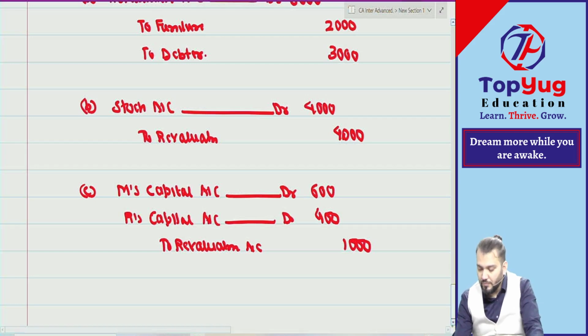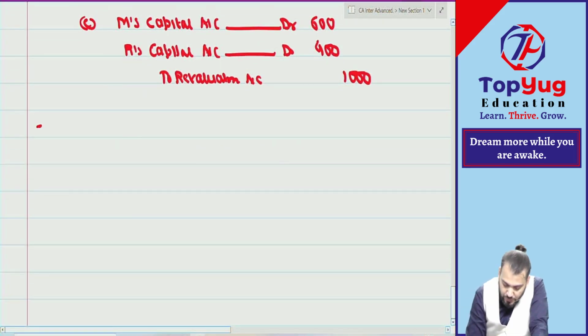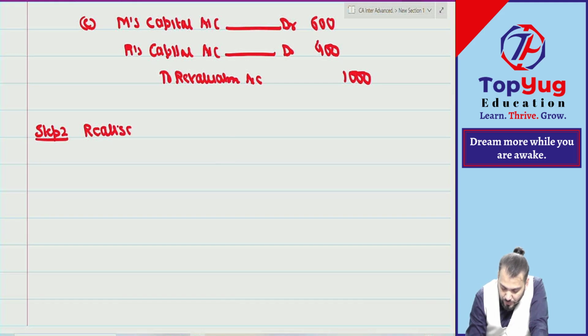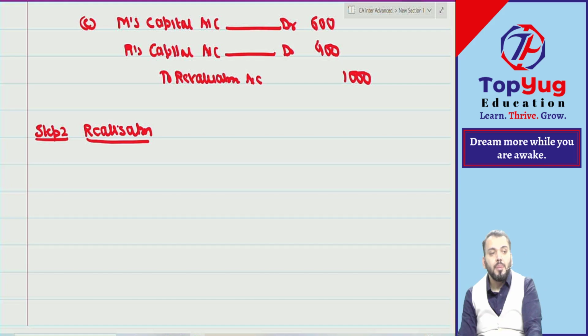Correct. Step number 2 is what? Realization. Without which asset is not taken over? Motor car. So can I say first we will transfer the motor car to the realization account at book value.